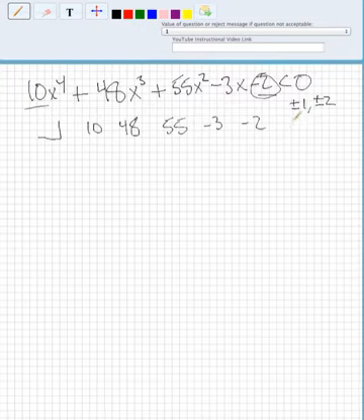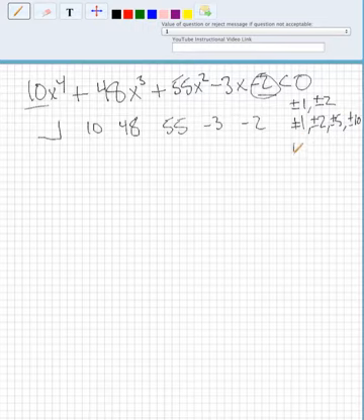And then the other one's going to be plus or minus 1, plus or minus 2 again, plus or minus 5, and plus or minus 10. So all of the roots come from these numbers.